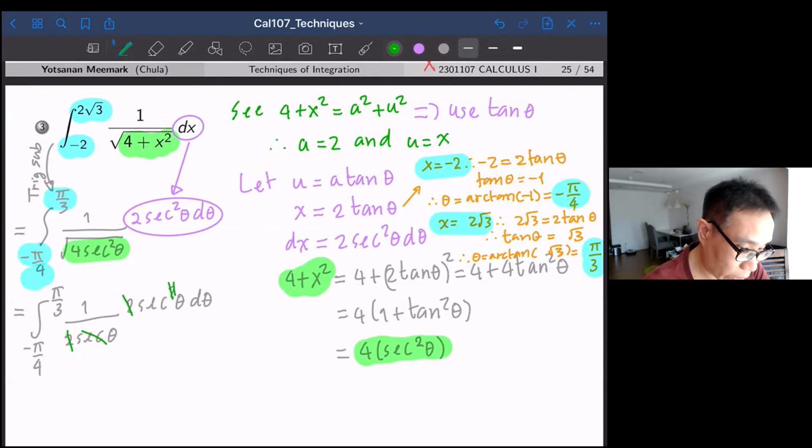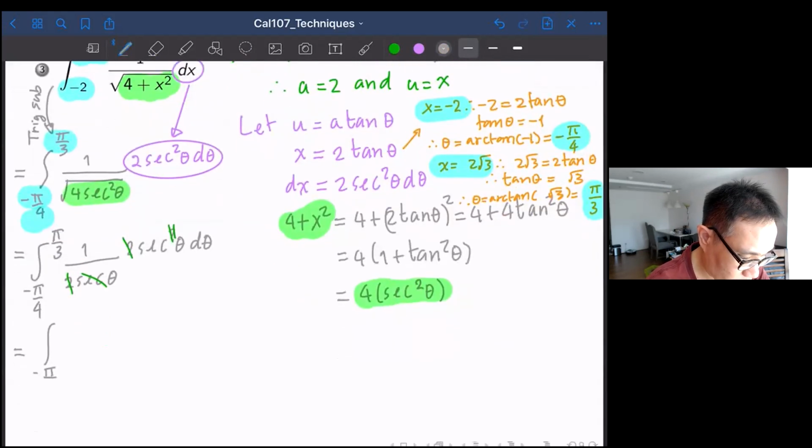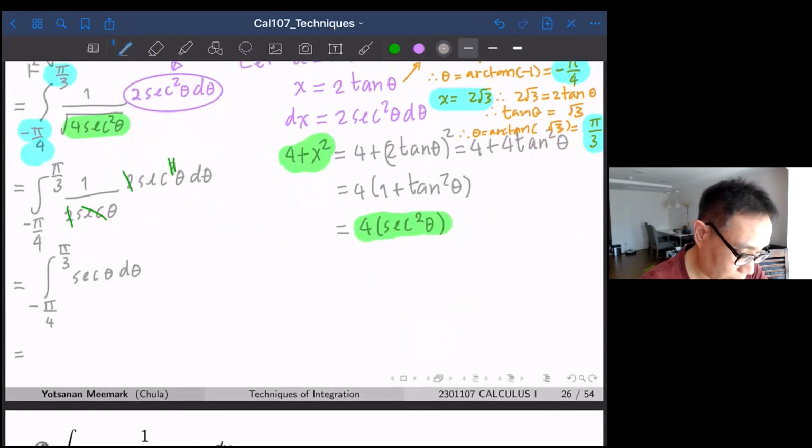So you end up with the integral from -pi/4 to pi/3 of sec theta d theta, and the integral of secant is log absolute value of sec theta plus tan theta.